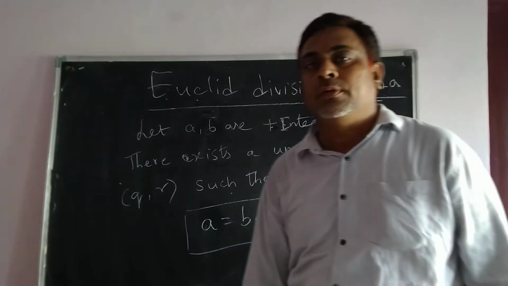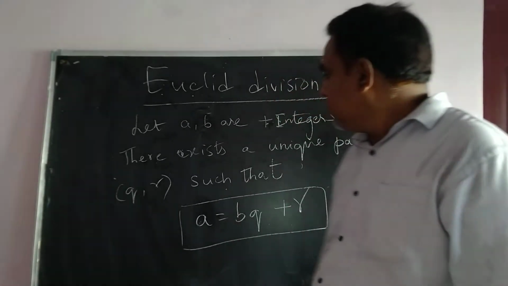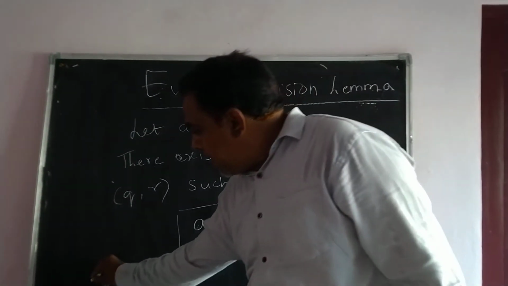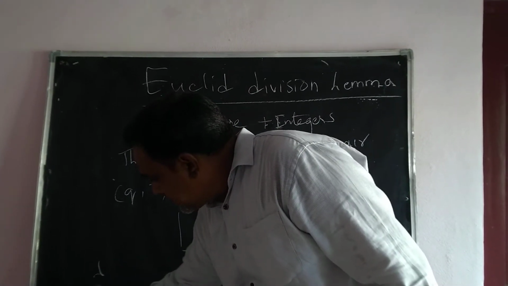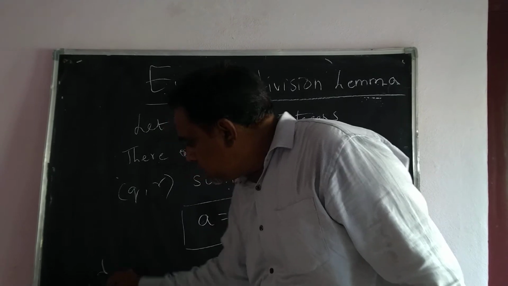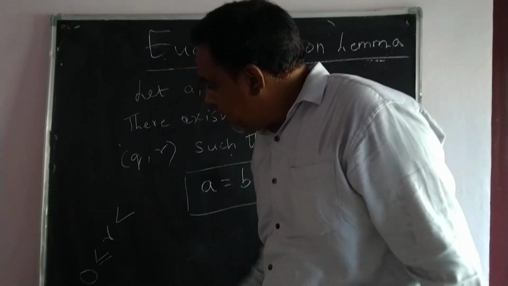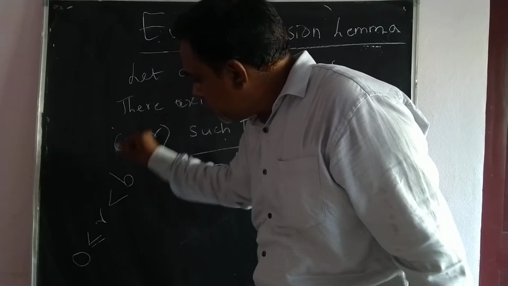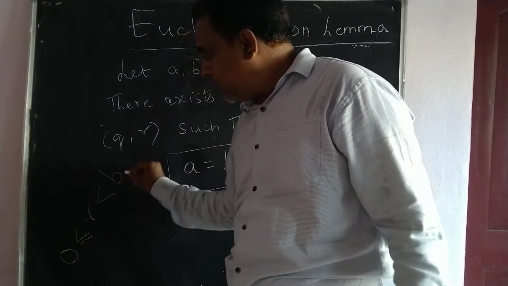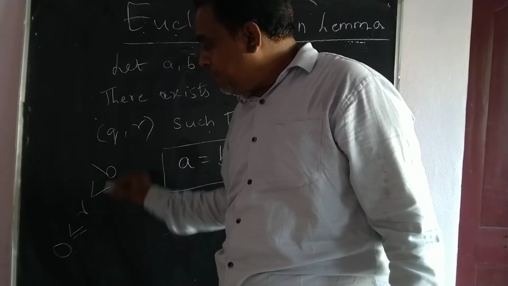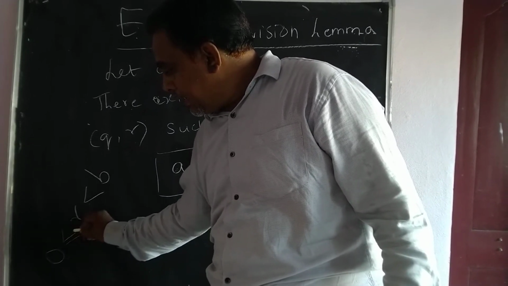It is a very simple technique that is used to find the HCF of the given values. Here the R value is always greater than or equal to 0, and R lies between 0 and B. It is less than B and equal to or greater than 0.